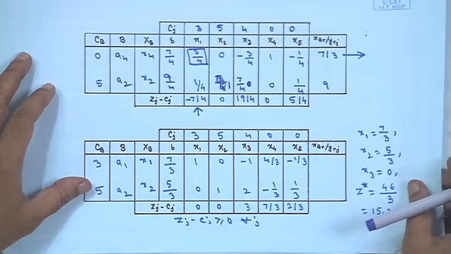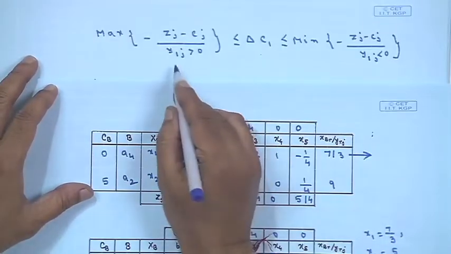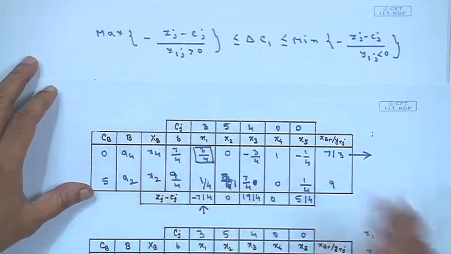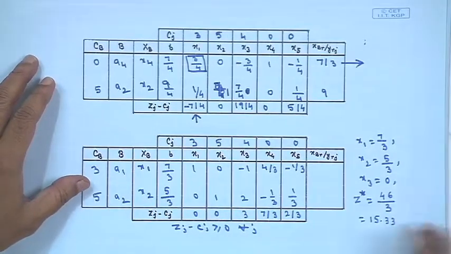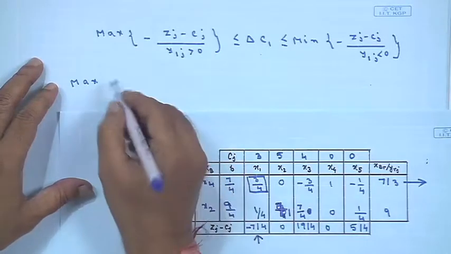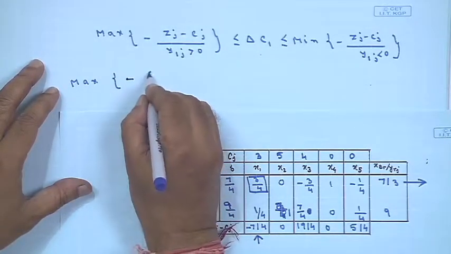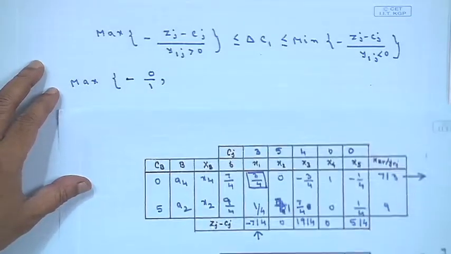So, therefore, zj minus cj, and for this case y1j has to be, I will take only that i for which y1j is greater than 0. So, therefore, maximum is 0 divided by 1. So, the value will be maximum of minus, there is no need, 0 by 1. From where you are getting 0 by 1?